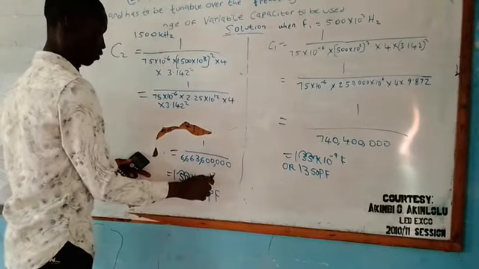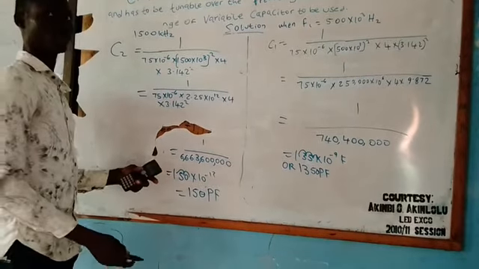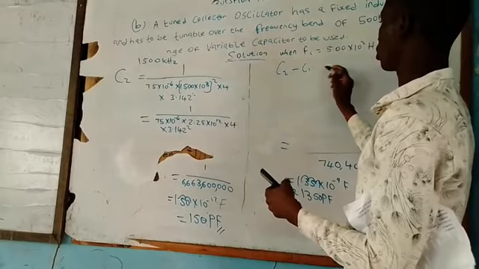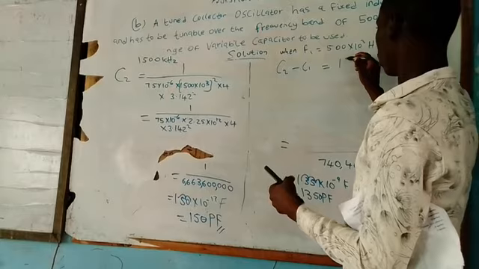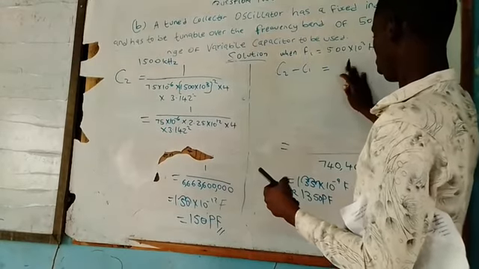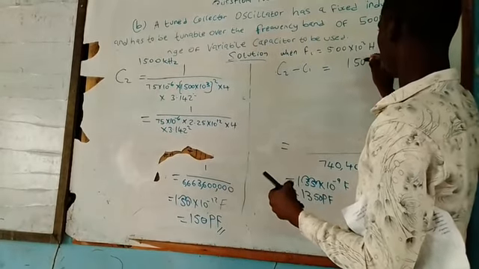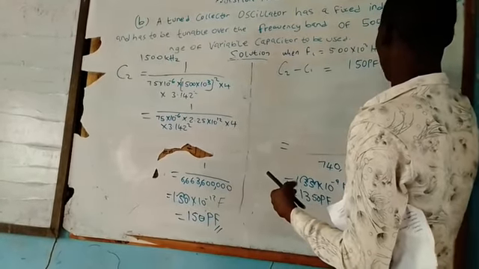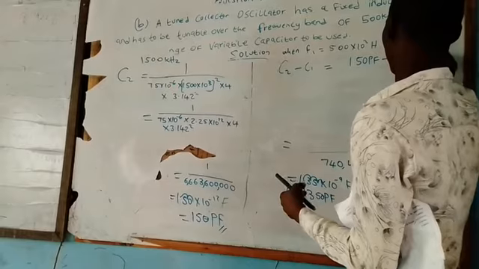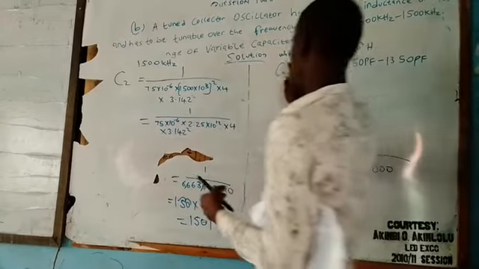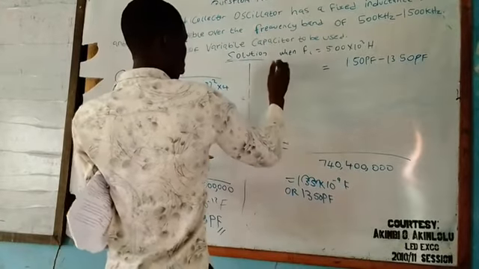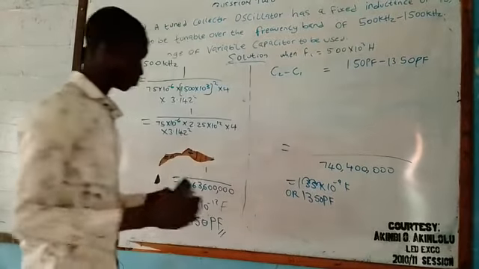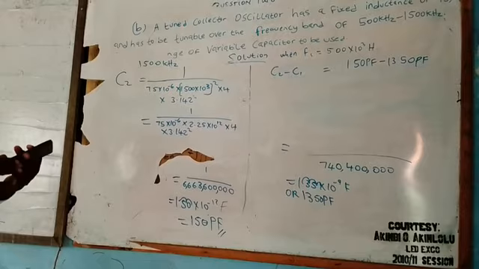So now the capacitor for variable 1 and 2, the variable capacitor ranging from C2 to C1, will be 150 picofarad to 1350 picofarad.